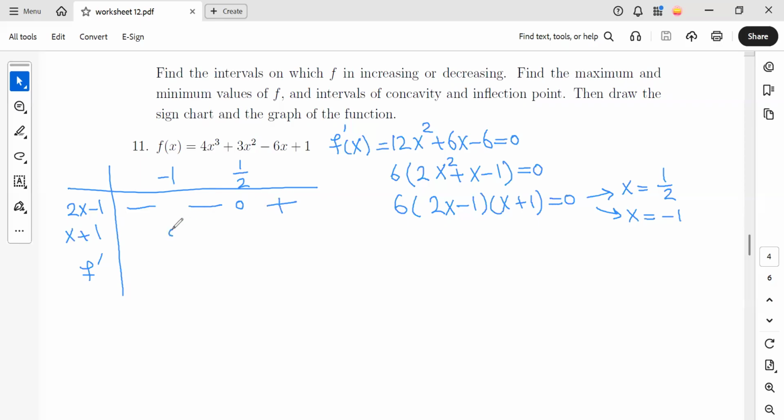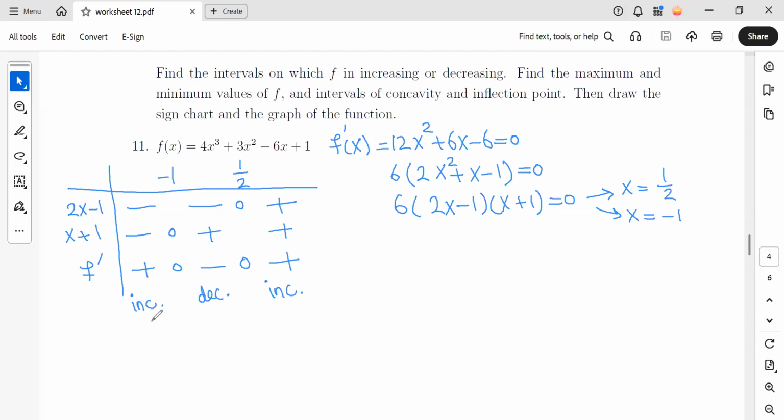And x plus 1 is 0 at negative 1, with the left side the opposite of the sign of x, and after that, plus. Altogether, negative times negative is positive, 0 because they are multiplied, not divided, then negative, positive, negative, 0, and positive. So it means that the function is increasing, decreasing, increasing.